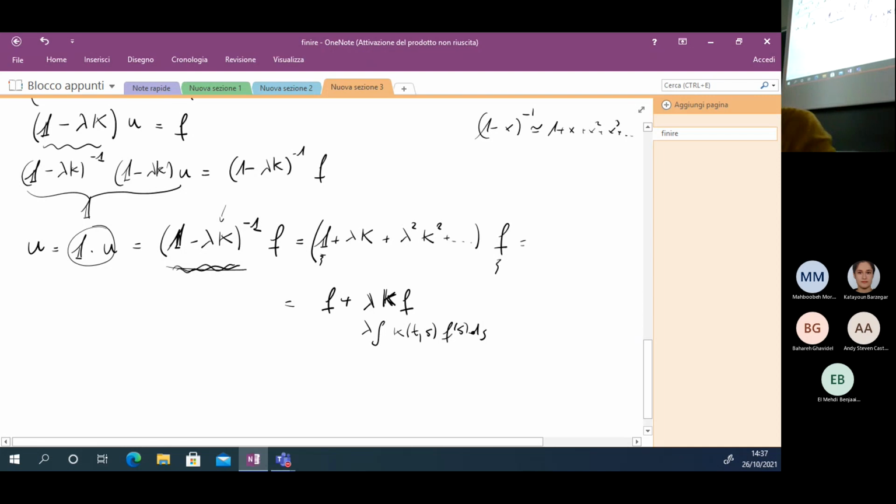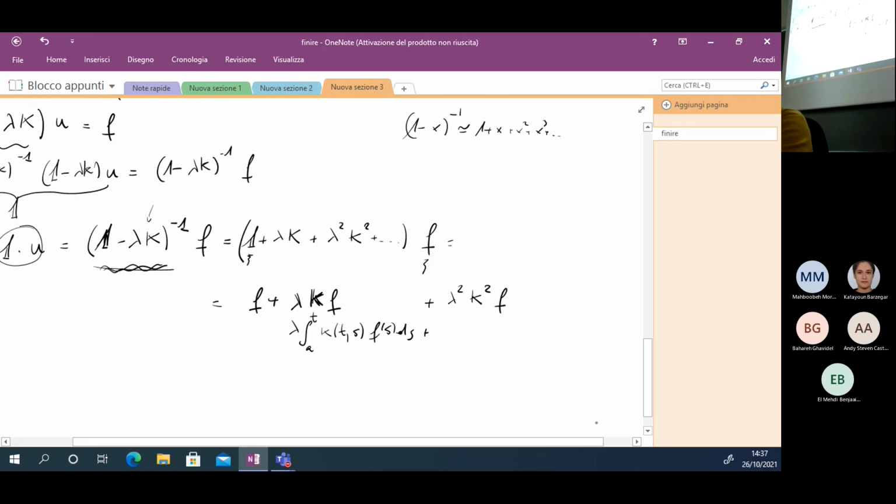Okay, with this thing here. Then I have lambda squared K squared f. What's this? Lambda squared.